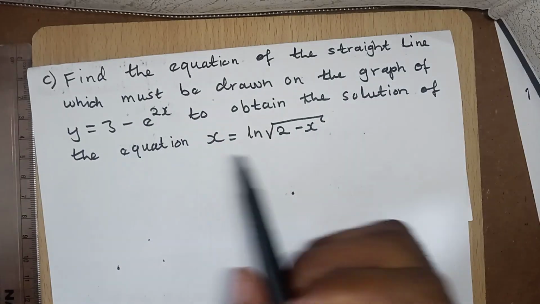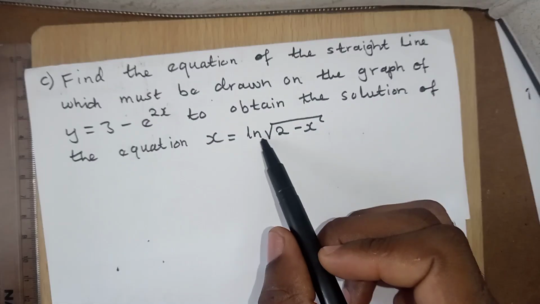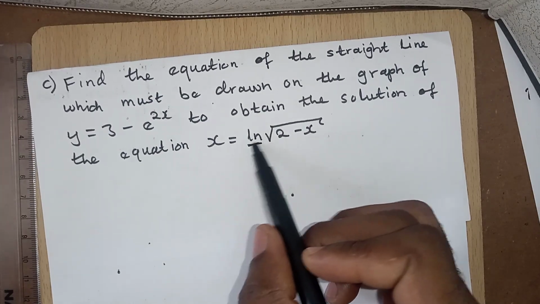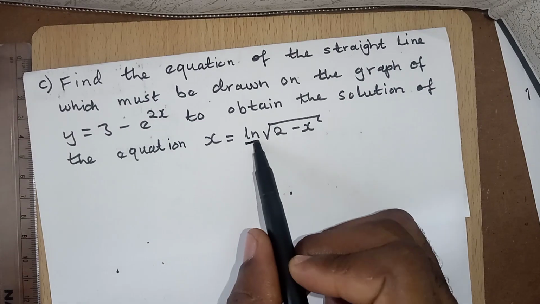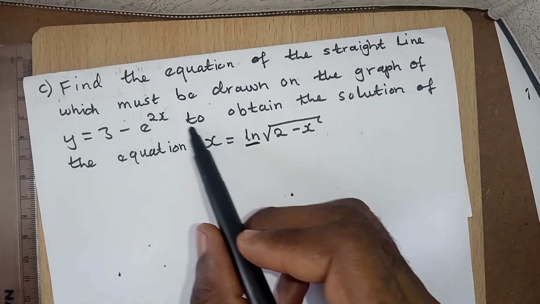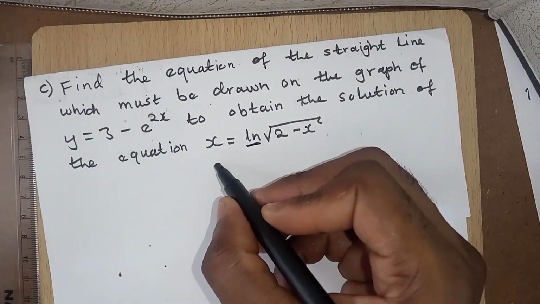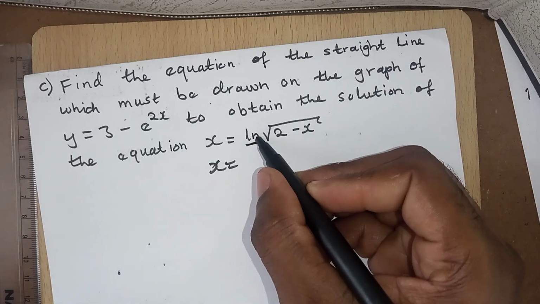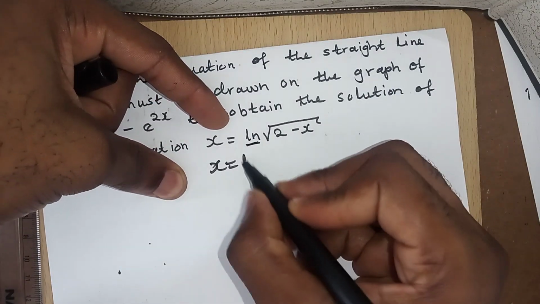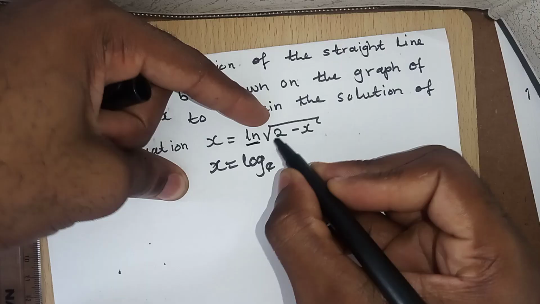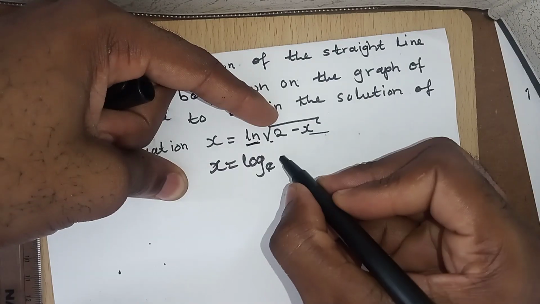So since we don't have an e in here, we don't have a natural log in here, I'll get rid of this thing and introduce the e. Remember, ln is the same as log e of whatever you have there.